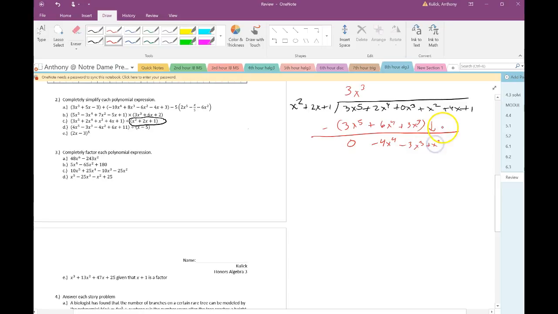And then I bring the x squared down, and I repeat and ask myself, what times x squared gives me negative 4x to the 4th? That's negative 4x squared. So I have negative 4x to the 4th minus 8x cubed minus 4x squared, and I subtract all that from above.